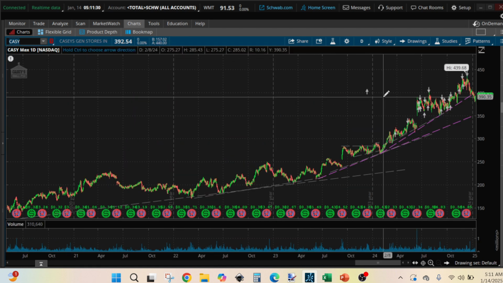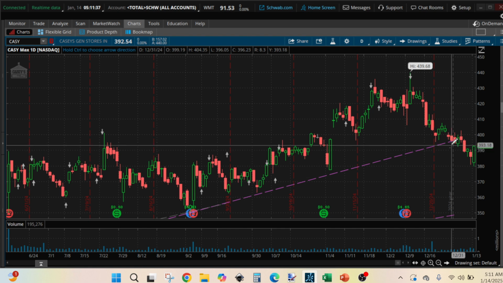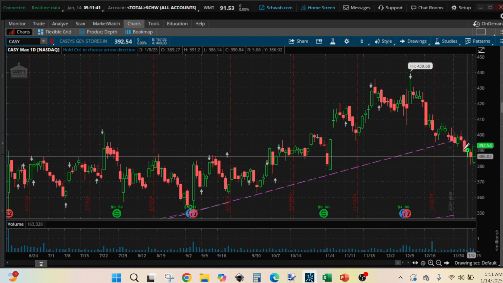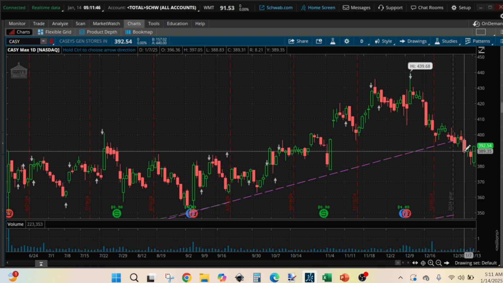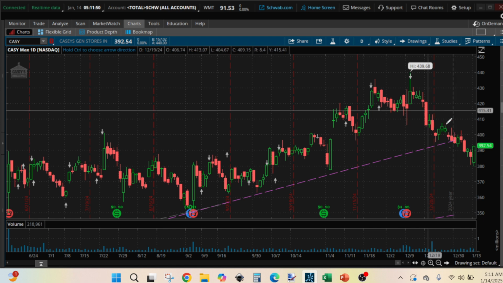So we have KC here. Okay, so it reached this trend line, but it seems to be going down. It keeps making lower lows. This low is lower than this. This one is lower than this. So it does not give us a confirmation that it's going down yet.